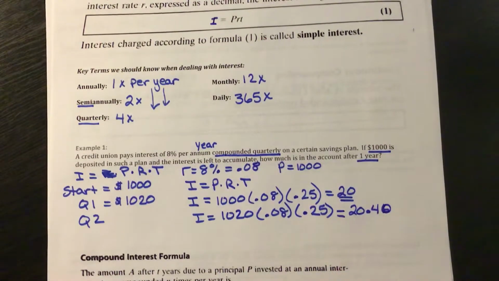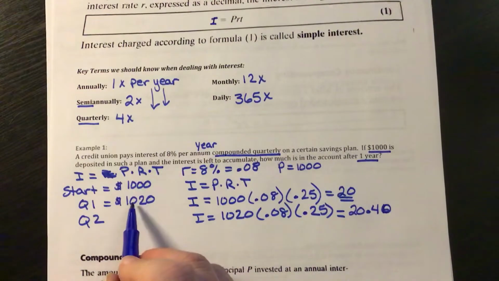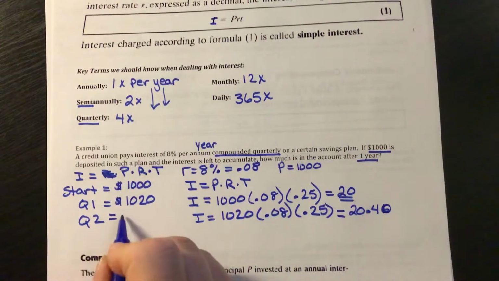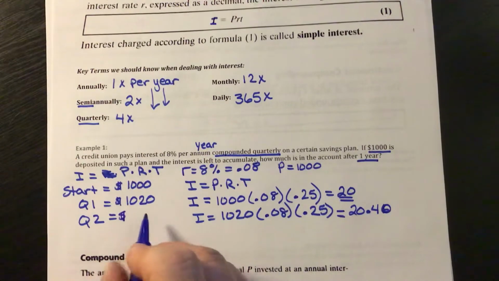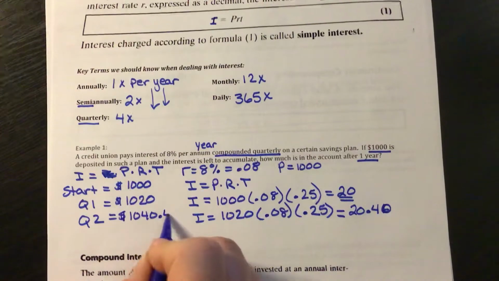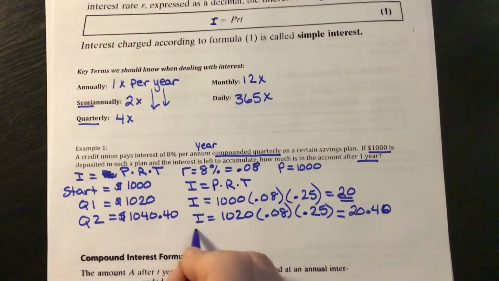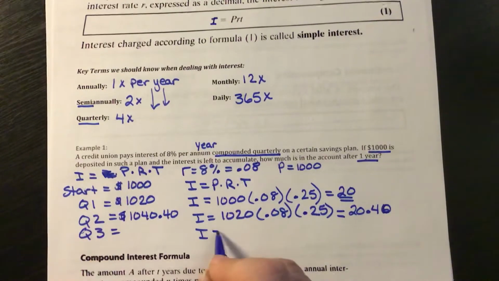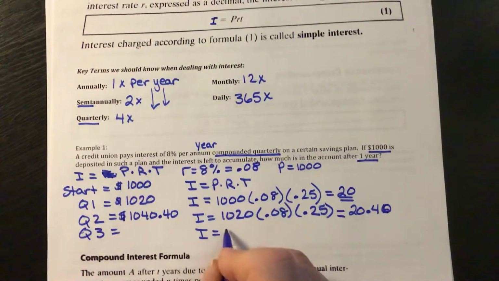Forty cents. So now I'm going to add that to my previous principal, and that would give me $1,040.40.